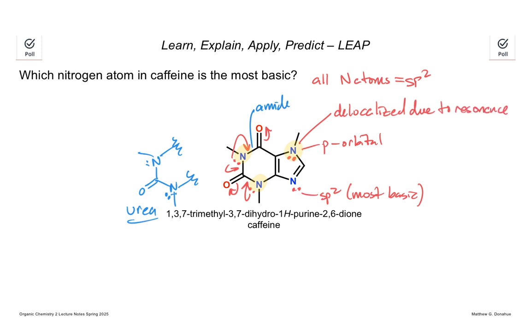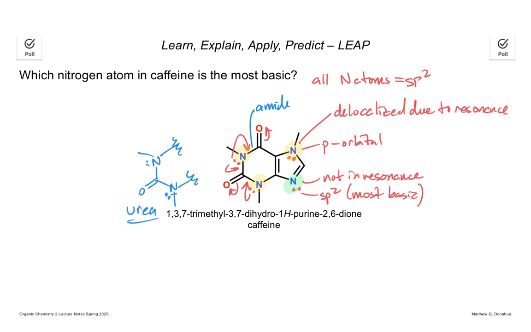So the ones highlighted in yellow are delocalized due to resonance. And then the one in that smaller ring, that's part of an aromatic system. Then this green one, that lone pair is not in resonance.